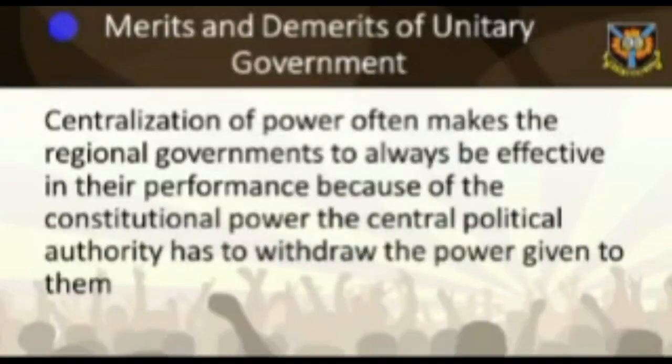Therefore, regions or states will always be on their toes to carry out their functions religiously because their administrative performance may determine their continued patronage by the central government, which can reduce or increase or terminate the regional powers at will.